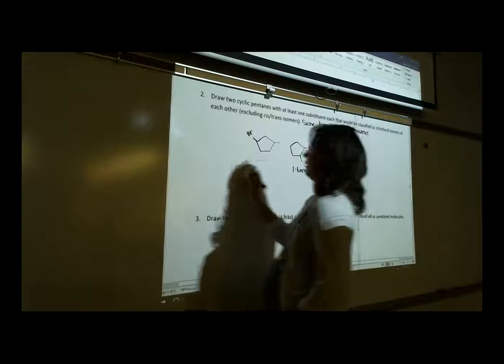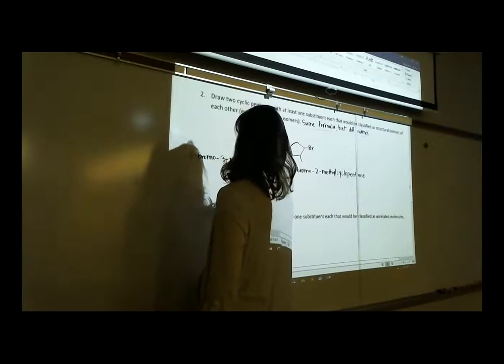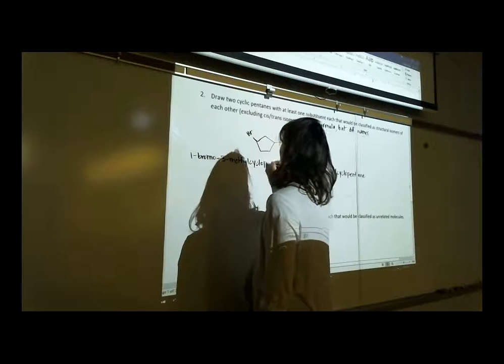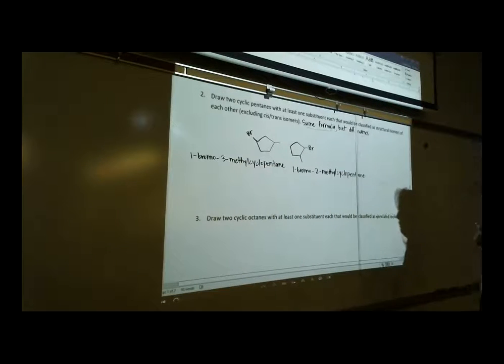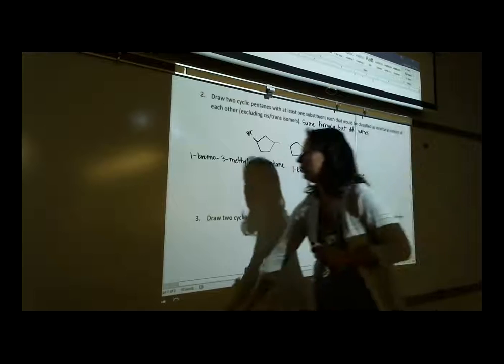And this would be 1-bromo-3-methylcyclopentane. Right, those would be structural isomers. So again, you can make yours as difficult or as easy as you want as long as you follow that criteria.